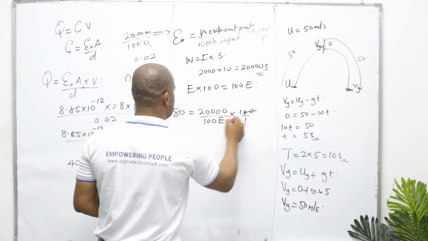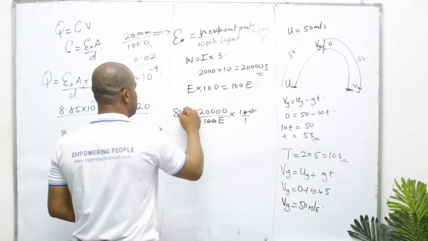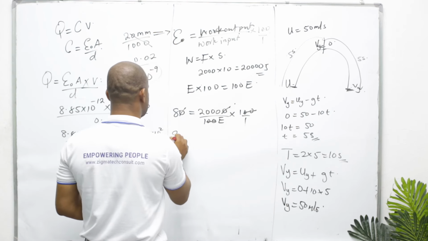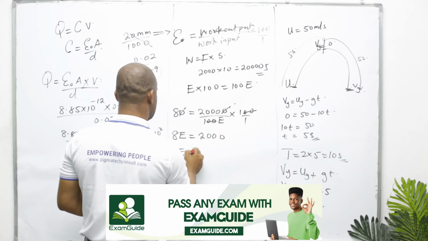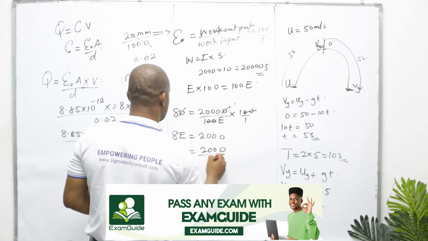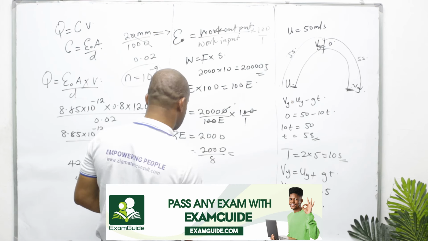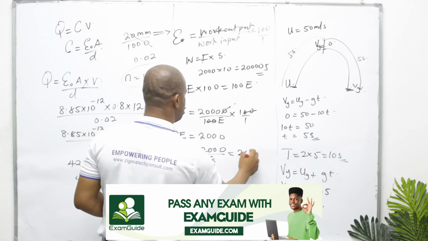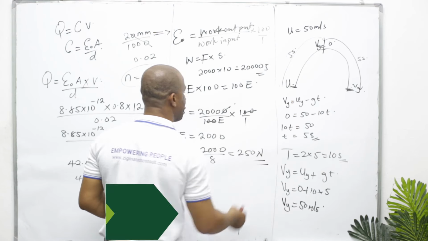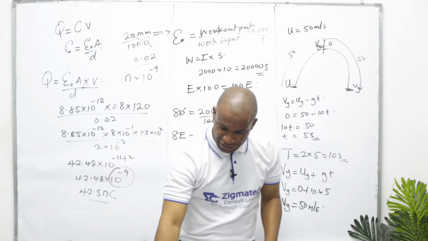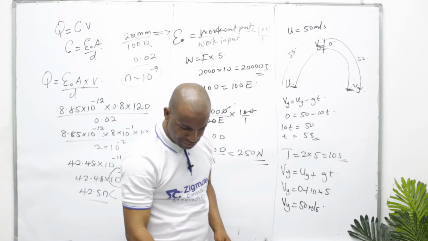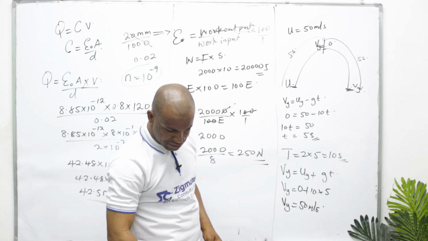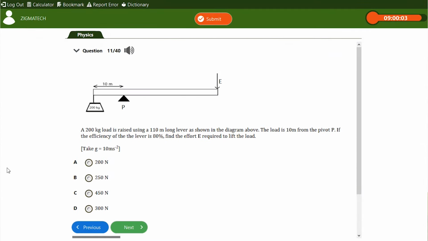So we cancel this, and then this is cancelling this. So 8E is equal to 2,000, and E is equal to 2,000 divided by 8, which is 250 newtons. The option there is 250, and that is option B.